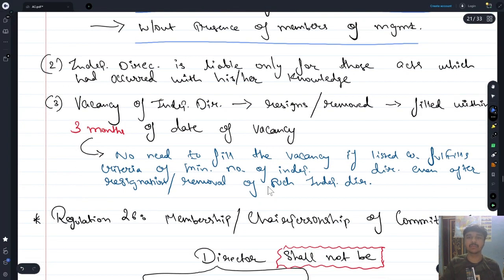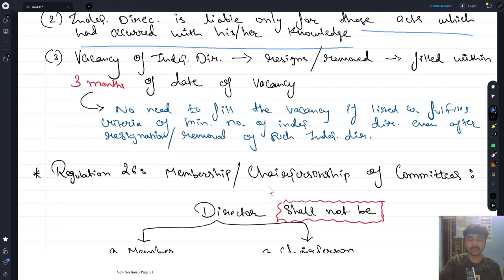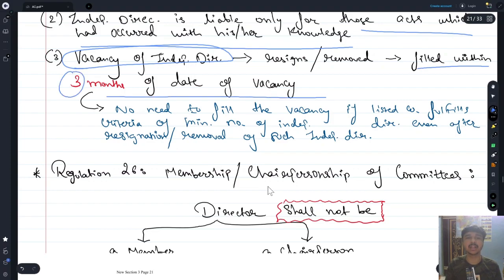Now he will be liable only for those acts which had occurred with his or her knowledge. Everybody knows this. What if an independent director dies or resigns? In that case, the vacancy should be filled within 3 months of the date of vacancy. Again, our lucky number, within 3 months of the date of vacancy. For example, a company has to maintain X number of independent directors on its board.